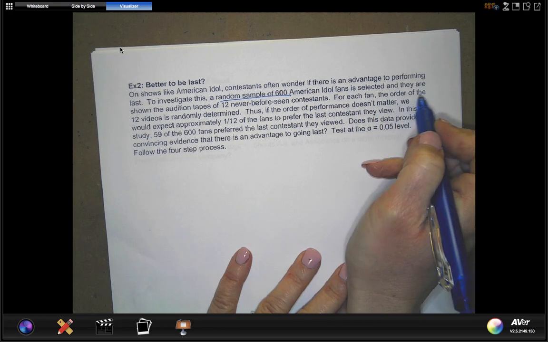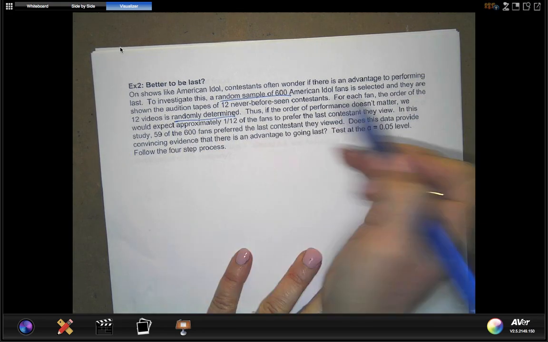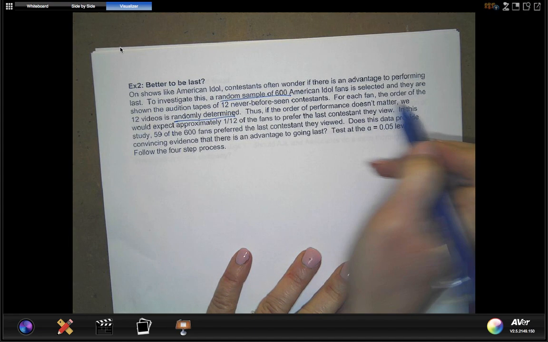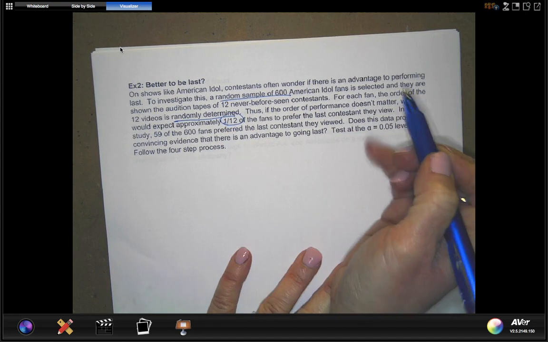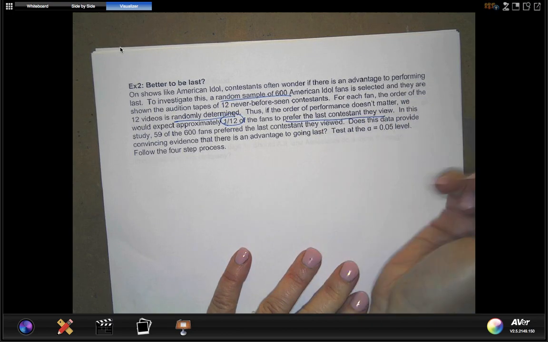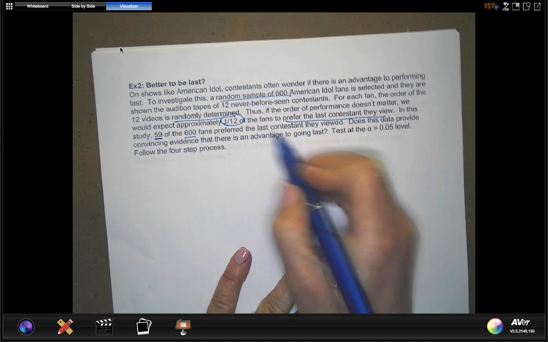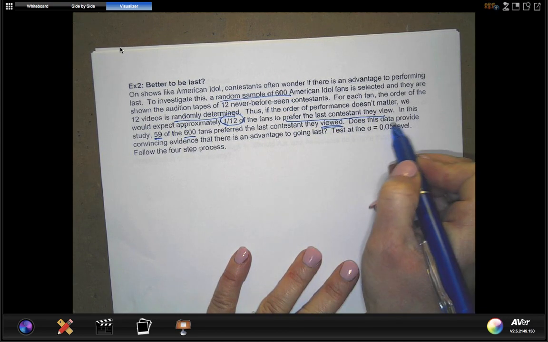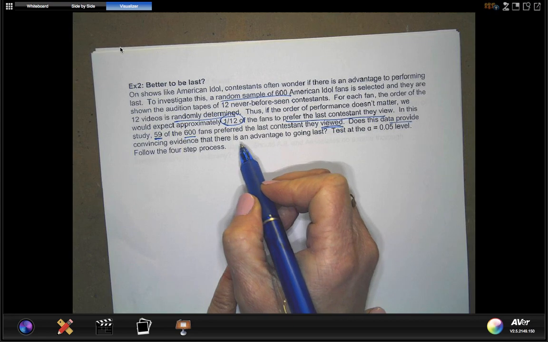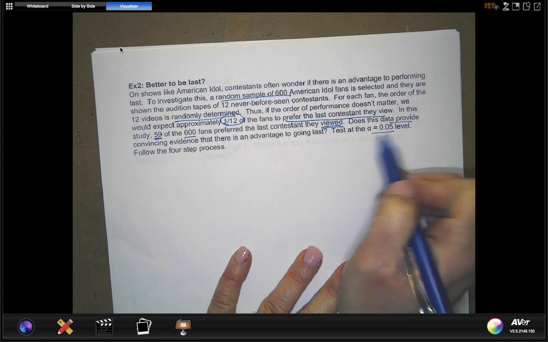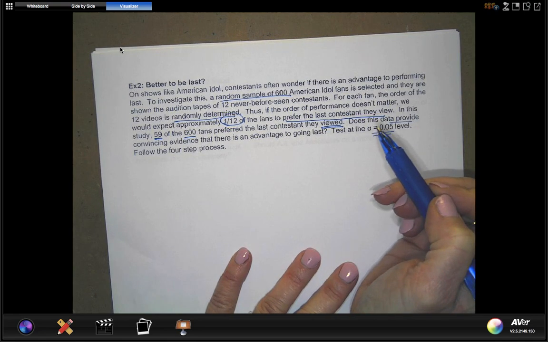For each fan, the order of the 12 videos is randomly determined. If the order of performance doesn't matter, we would expect approximately 1/12 of the fans to prefer the last contestant they view. In this study, 59 of the 600 fans preferred the last contestant they viewed. Does this data provide convincing evidence that there is an advantage to going last? Test at the alpha 0.05 level, following the 4-step process.